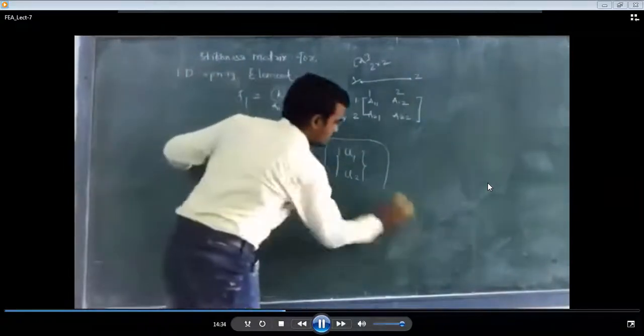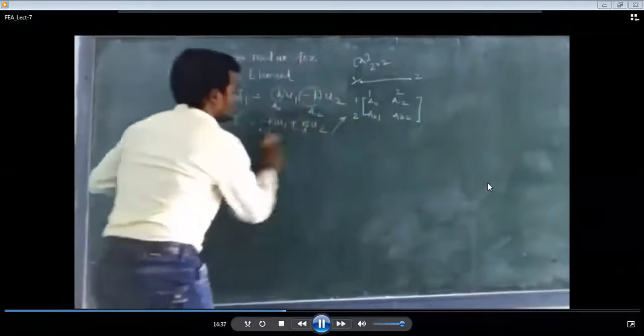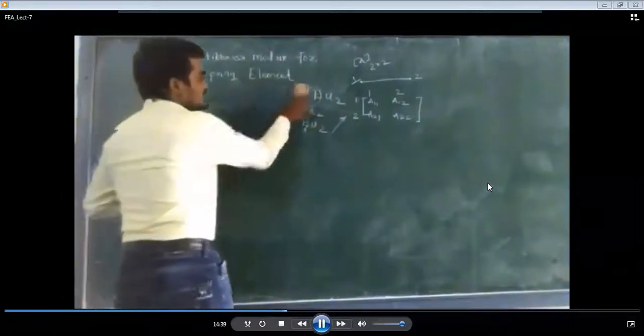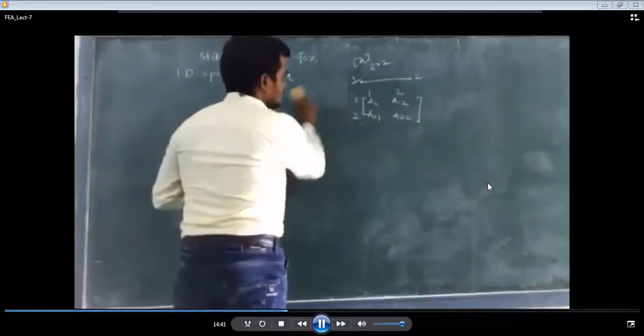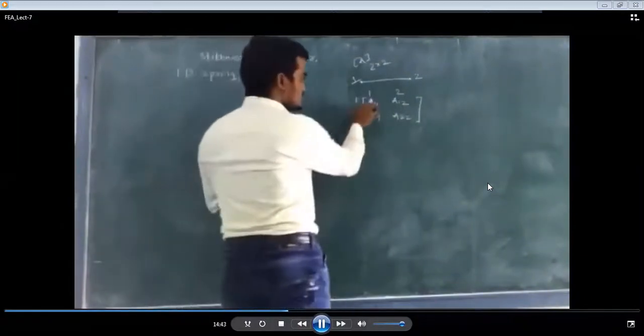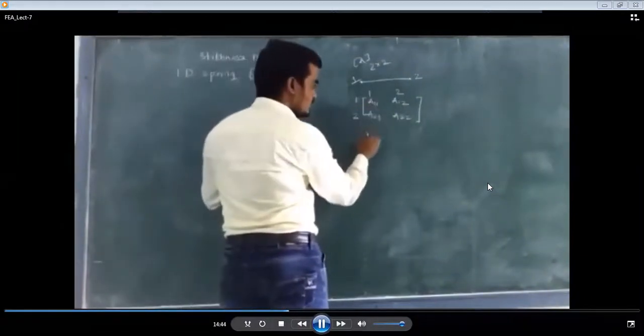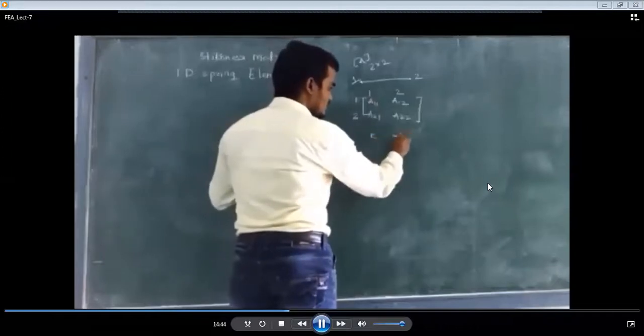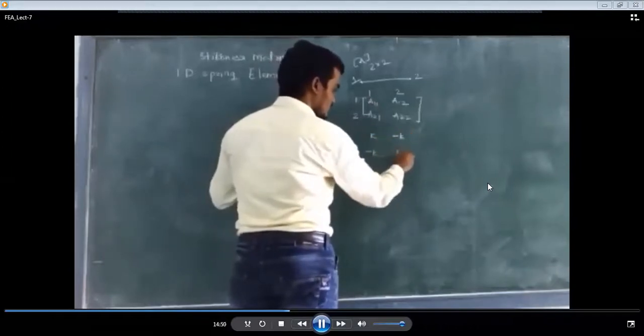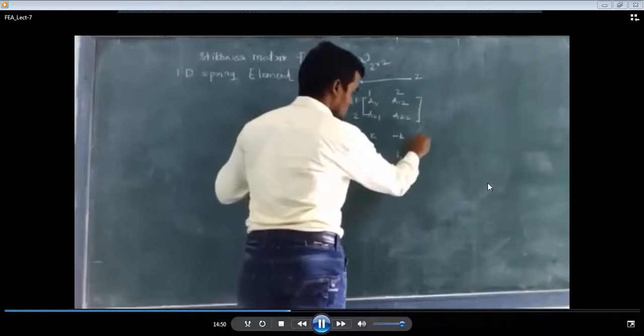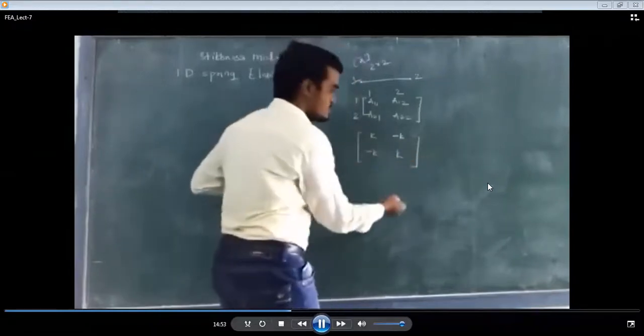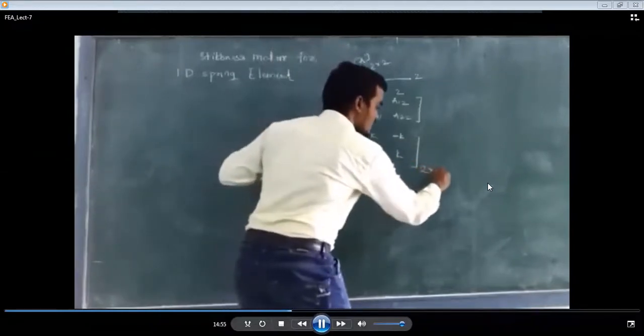Now we will see. Actually this was for one element only, but if the number of elements is increased, then how to construct a global stiffness matrix?